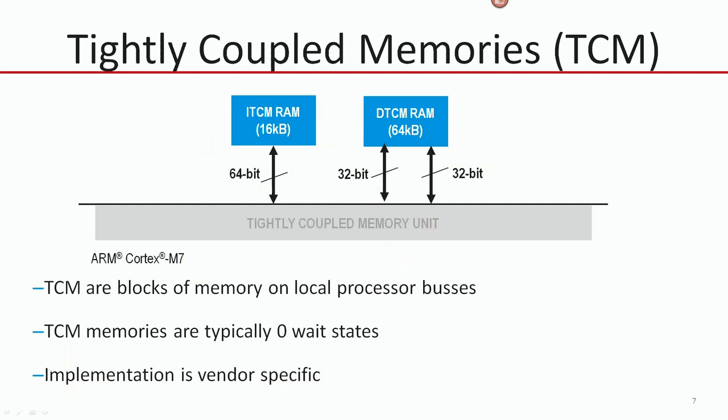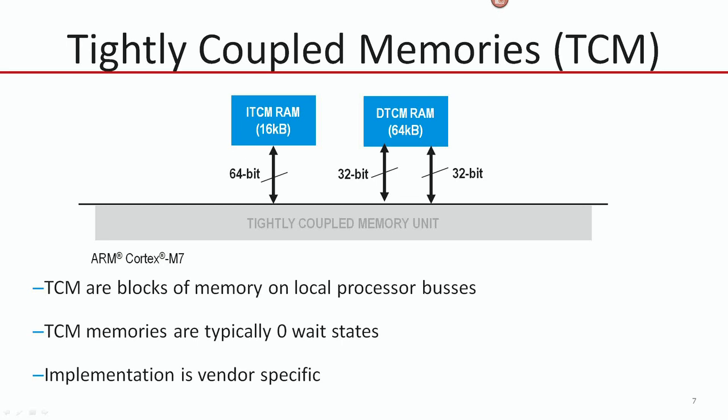Where the Cortex-M7 starts to differ from a user's perspective is that we have a more complex memory model. First of all, the Cortex-M7 introduces a couple of new memory regions called tightly coupled memories. So there's an instruction TCM and also a data TCM. So these are local regions of memory that are, as their name implies, on local buses to the processor, and in a good implementation they will be typically accessed at zero wait states.